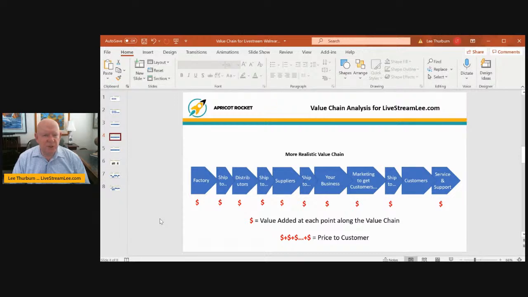Now, of course, all of these costs along the value chain, in some way, shape, or form, get added together. And the ultimate consumer of the end product is the one that pays for all of the value that's been added in all of the steps along the value chain.